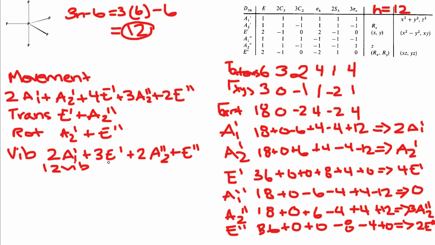And so I think there was some confusion about how many vibrations the E's have. Each E, right, is a 2D irreducible representation. That means that it has essentially 2 components to it. And so both of the vibrations that have E prime symmetry in one of these cases, they'll look different, but they will be energetically the same. They're going to be degenerate.